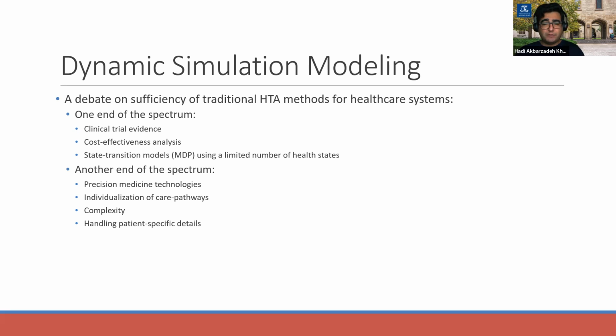There is more complexity, and we have to handle specific needs of patients based on their characteristics, their diagnosis and their treatment. So those people believe that we need more advanced techniques like dynamic simulation modeling.